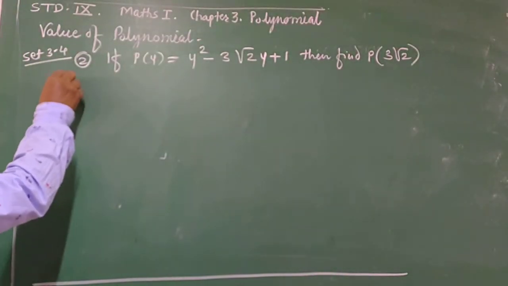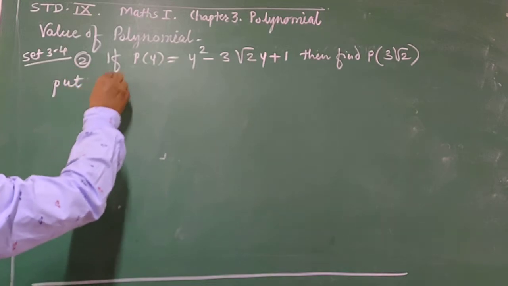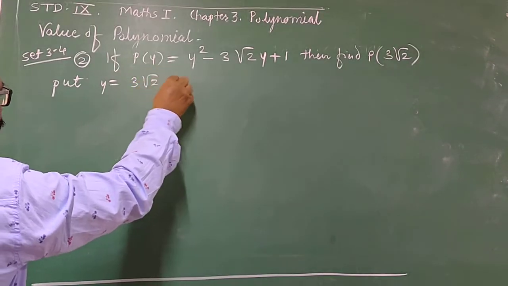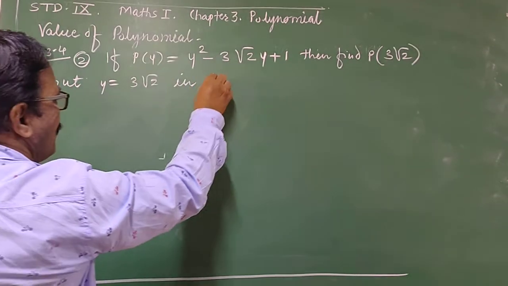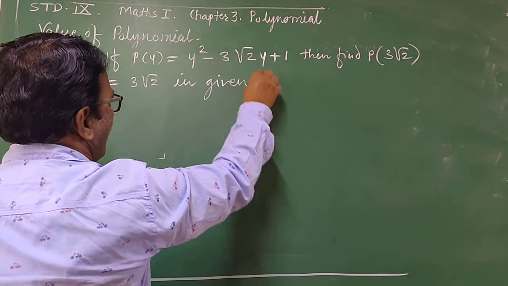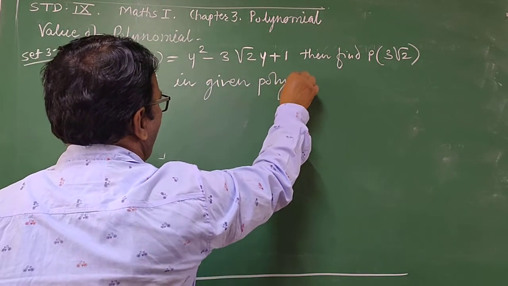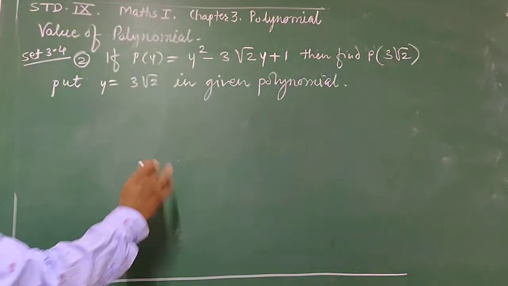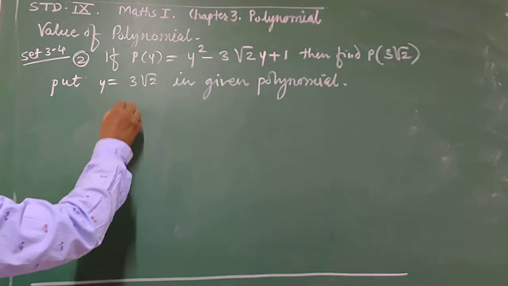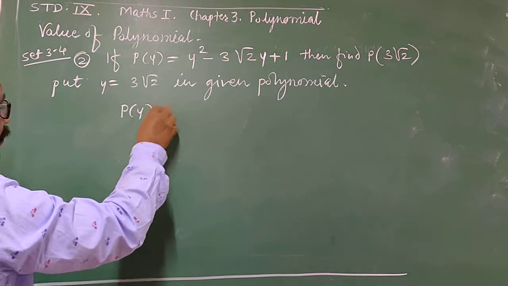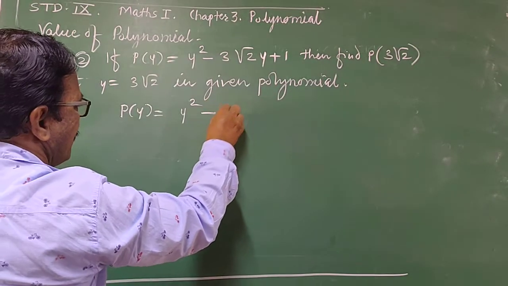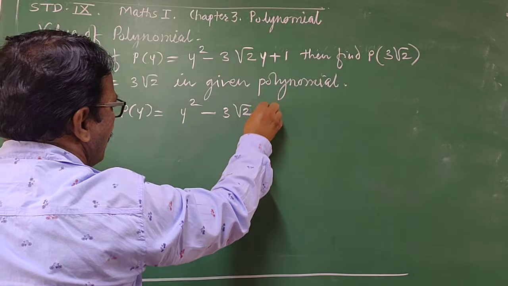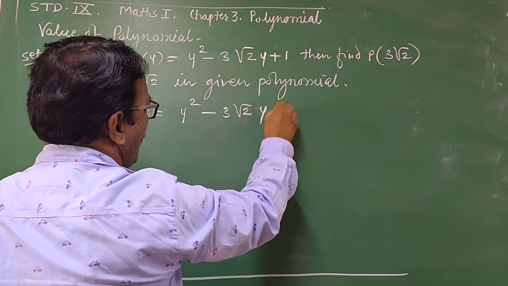So put y is equal to 3 root 2 in given polynomial. So given polynomial, first write y square minus 3 root 2 into y and plus 1.